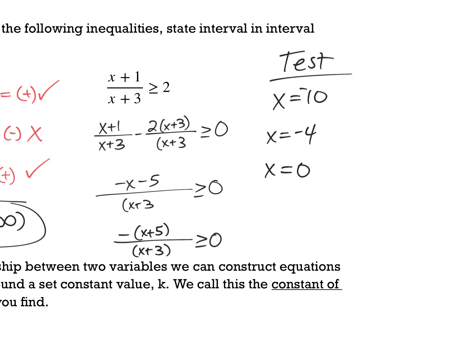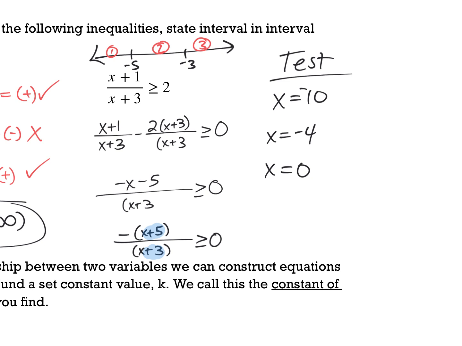The reason for that is that we have a critical value at -5 and another at -3. I think I forgot my number line here. All right, it would be -5, -3 with our 3 distinct intervals.